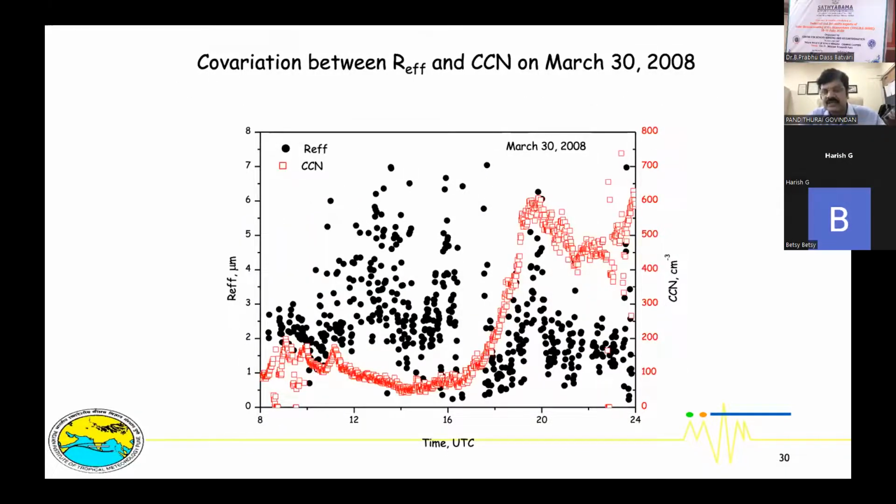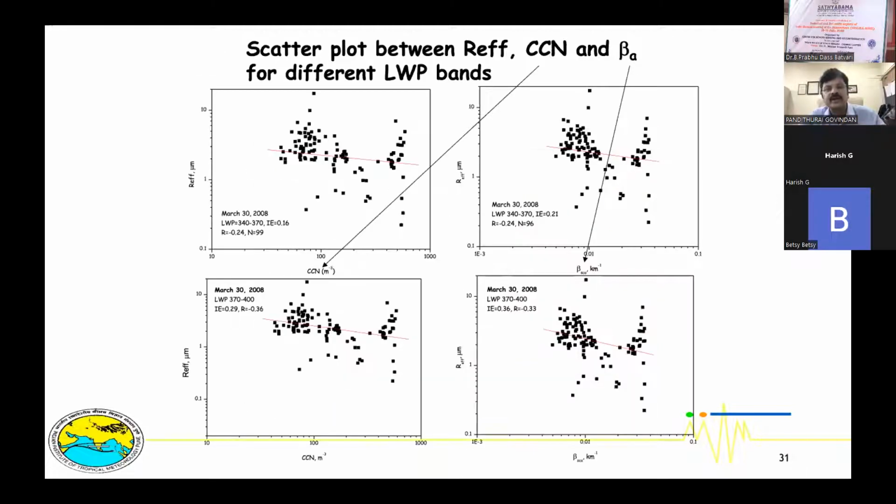Like this, some cases were identified and the data were grouped into different liquid water content bins, and the aerosol indirect effect was estimated as given in the earlier equation: the relative changes in droplet effective radius to the changes in aerosol proxy.